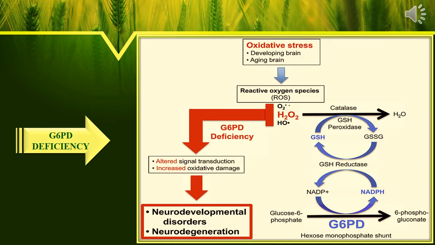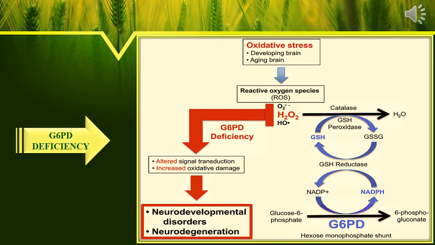Let's see what the causes of G6PD deficiency are. Due to the formation of reactive oxygen species in the developing brain and aging brain, altered signal transduction occurs in the brain, and increased oxidative damage occurs to the cell, which leads to neurodevelopmental disorders and neurodegeneration.